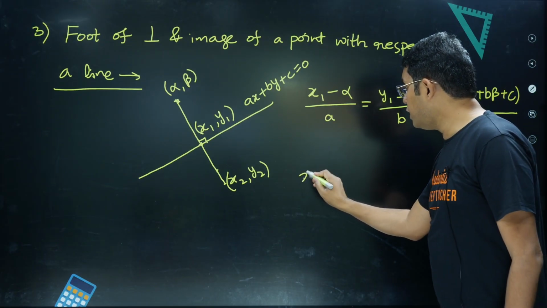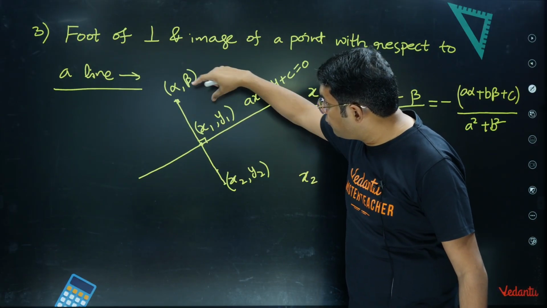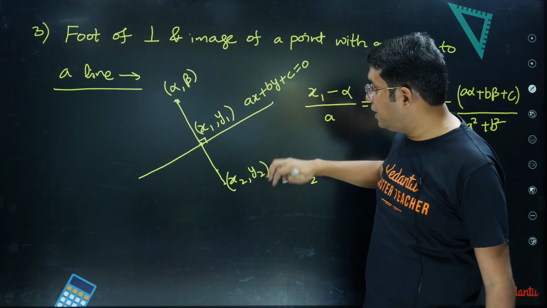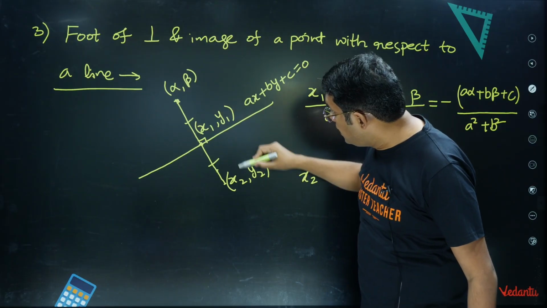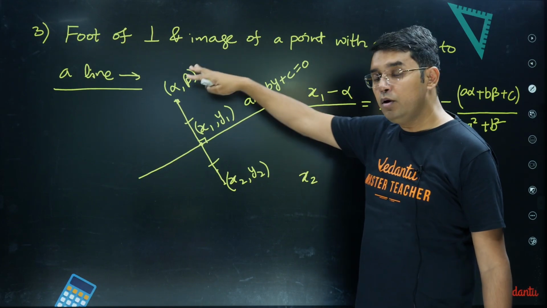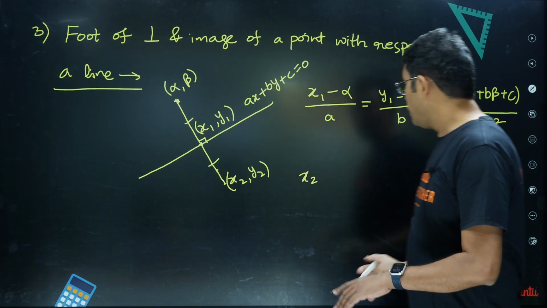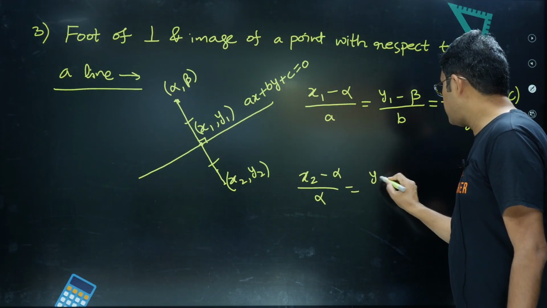In case we are looking for the image, image means this point should be the reflection of alpha comma beta about this line. So this distance will be equal to this distance, and alpha comma beta, x1 comma y1 and x2 comma y2 will be lying on the same line. So if you are looking for x2 comma y2, in this case the formula is similar.